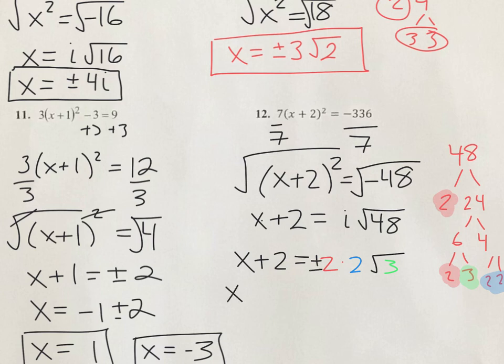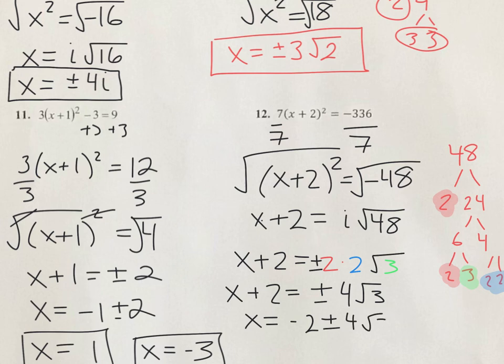Now let's simply multiply that, and I'll break this up into 2 steps still. So that's plus or minus 4 square root of 3. Now subtract 2 to the other side and we have ourselves negative 2 plus or minus 4 square root of 3. And so guys, that's an integration of seeing the negatives inside the roots, how we address them, how we work with them.